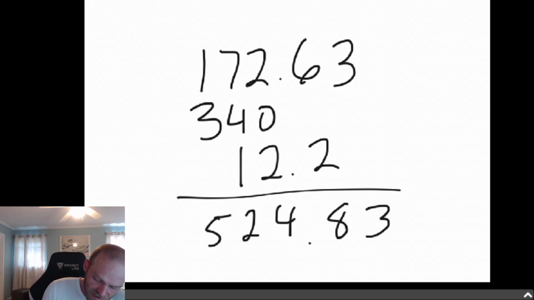Now, in order to determine significant figures when you're multiplying, you just count whichever has the least number of significant figures. In that case, it would be this one, which has 2 significant figures. So our final answer would have 2.